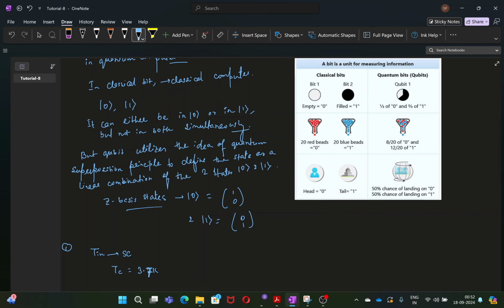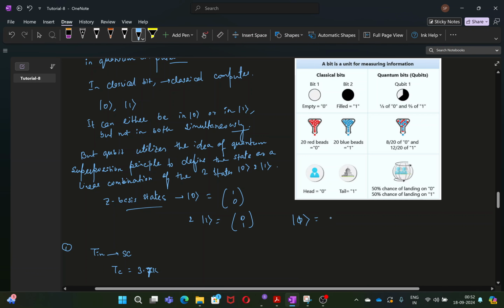But in quantum mechanics there is a principle called the superposition principle, which says that a state can be defined as a linear combination of two different basis states, and there will be a certain amplitude or magnitude for each of these states. If you take the mod square of that amplitude, you get the probability for the system to reside in that particular state. So you can define a state phi as alpha times 0 plus beta times 1.